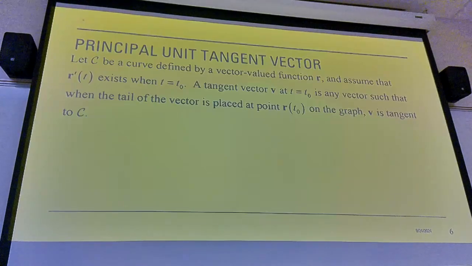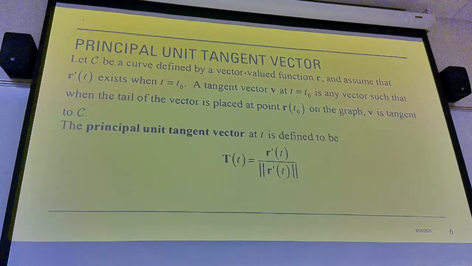Okay, so be careful. I know what you're saying. It's not divide. Multiply it by the reciprocal of the magnitude. Yeah, we write it r prime over magnitude of r prime, but that is technically scalar multiplication. Right, so 1 over the magnitude of r prime times r prime.